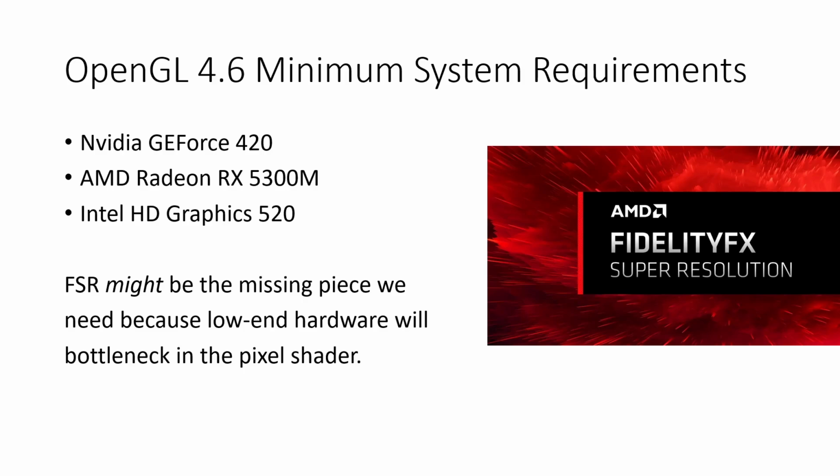The system requirements are really, really low. Like the GeForce 400 line, the AMD Radeon 5000 line, Intel Graphics 500 series. And I haven't thought much about support for low-end hardware in Ultra because our PBR shaders are more expensive than the Blinn-Phong lighting in LEDWorks.